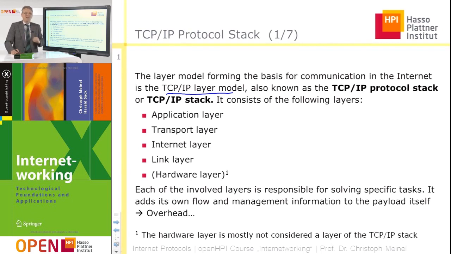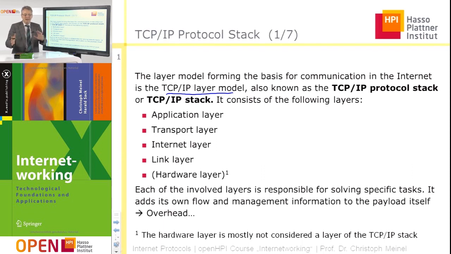In practice, it means that each layer contributes some additional information and does some additional tasks exactly to solve the problems that need to be solved on that layer. So it adds its own flow and management information to the payload. In this way, each layer is contributing new administrational data, a new administrational overhead.